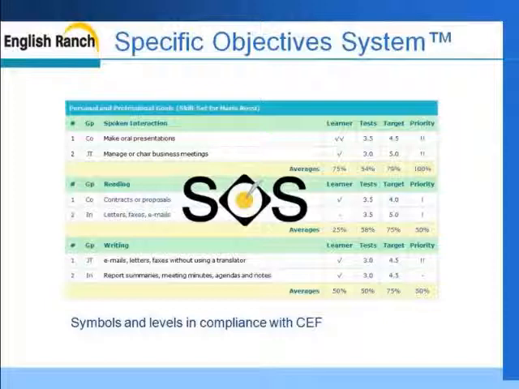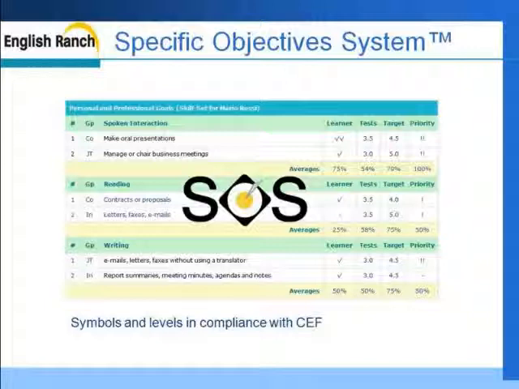Specific Objective System. Here is an example of our SOS core screen that enables all participants to define a personalized set of skills for each learner. The skills are grouped into three major language areas: fluency, reading, and writing. The HR manager, together with the employee's department head, can define the minimum target level and priority for each learner.